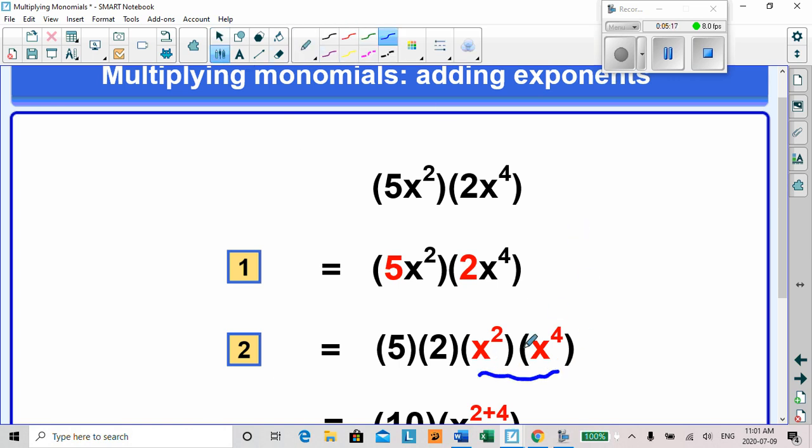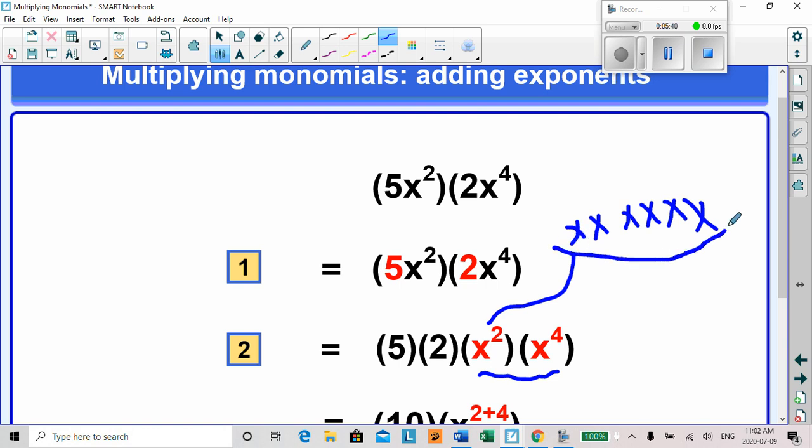This here, x squared, means x times x. And x to the exponent 4 means I'm going to multiply x by itself 4 times. Oops, that's a really big x. So now you can see that I have 6 x's all multiplied together.